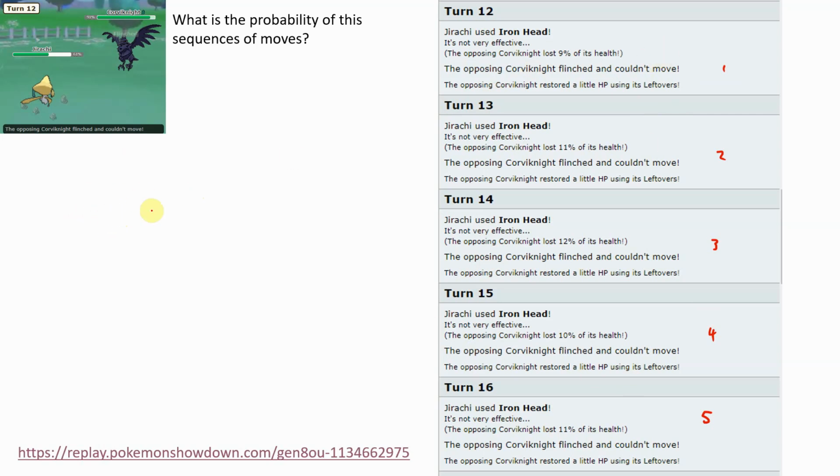But flinching 5 times in a row, well, we can set up flinch and not flinch. The F dash means not. So the chance of flinching is 0.6. Chance of not flinching is 0.4. So we can think, well, all we care about is these 5 branches where it flinches.